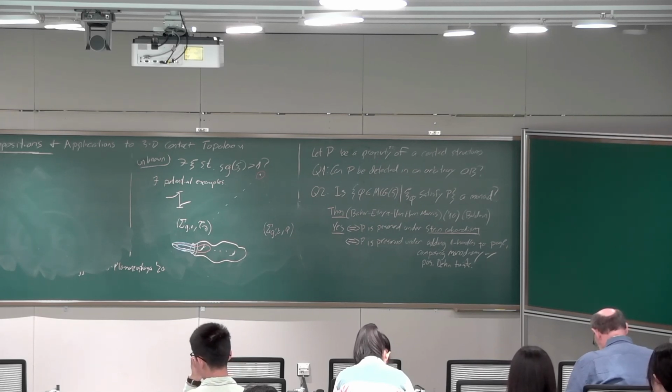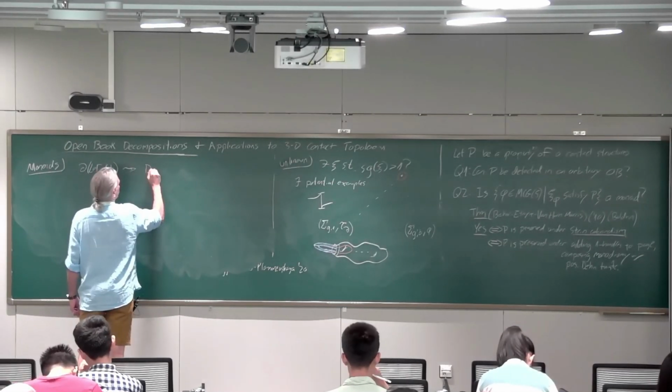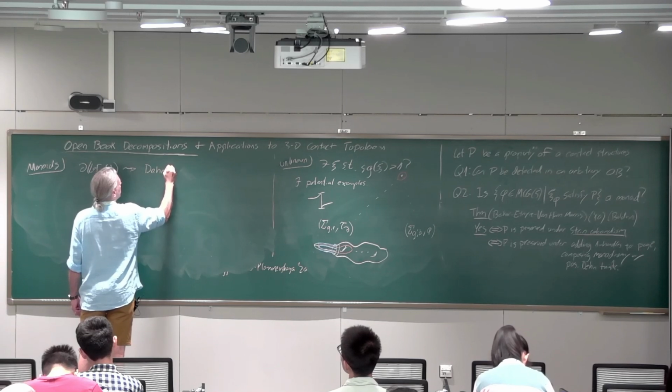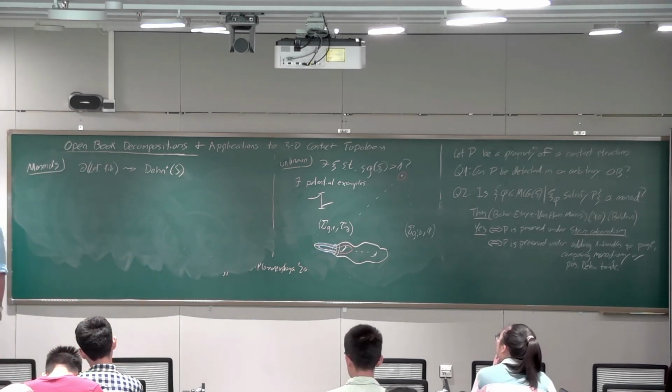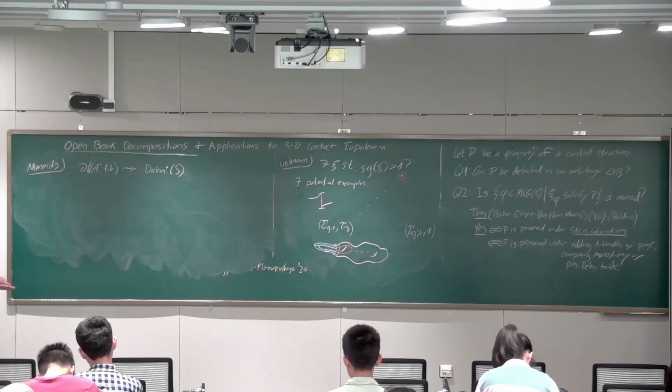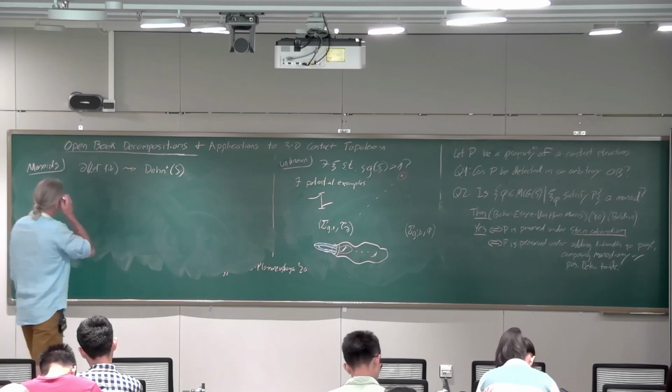As I discussed when we were looking at this, if you're the boundary of a Lefschetz fibration, then the compatible open book comes along with a factorization into positive Dehn twists. And indeed, the opposite implication is true. So this leads to a monoid, what we call Dehn plus of S, i.e. everything that can be factorized into positive Dehn twists. That it's a monoid is completely trivial, right? I put two positive words together, I get a positive word. So that's great.